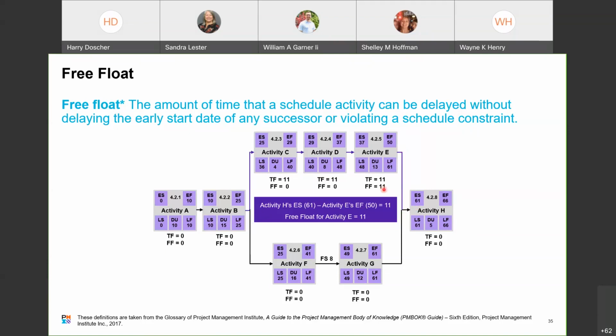So the free float here is 11. So you can't delay either activity C or D without affecting the early start date for activity E. That's all we're saying with the free float. Okay.